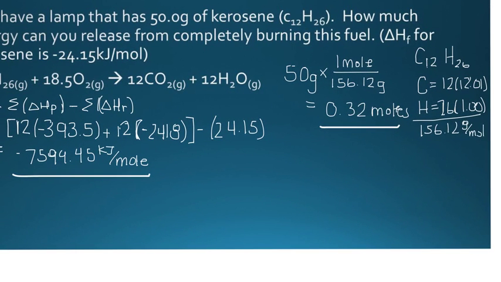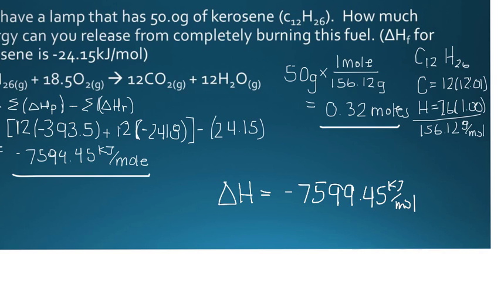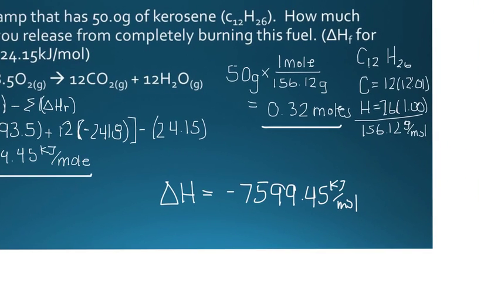So my delta H then equals negative 7,599.45 kilojoules per mole, and multiply that by 0.32 moles.